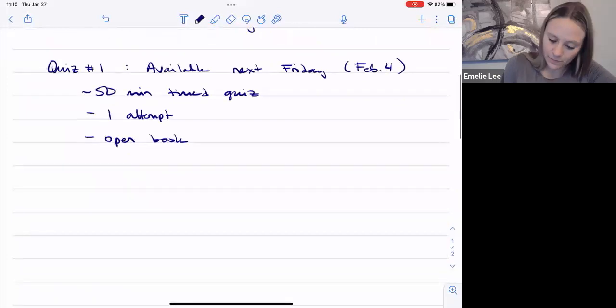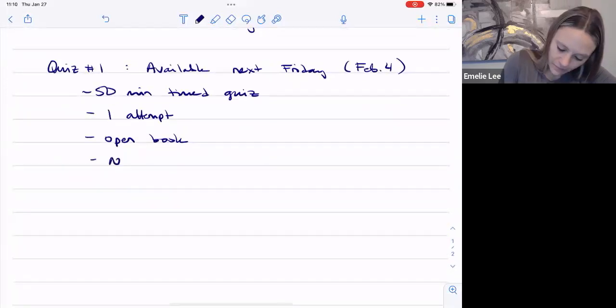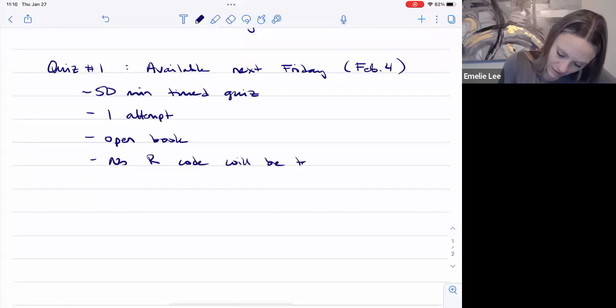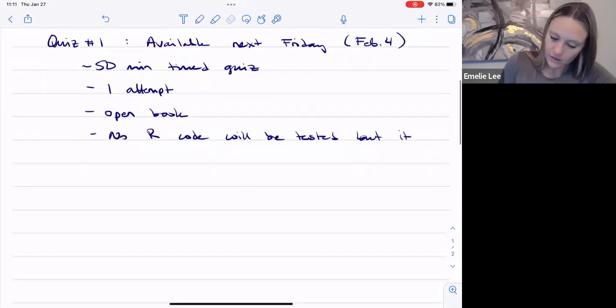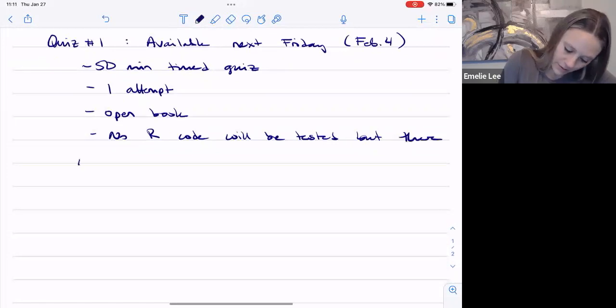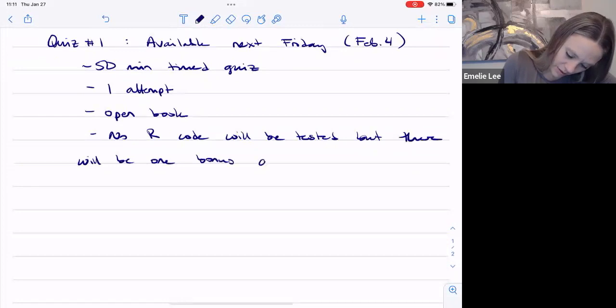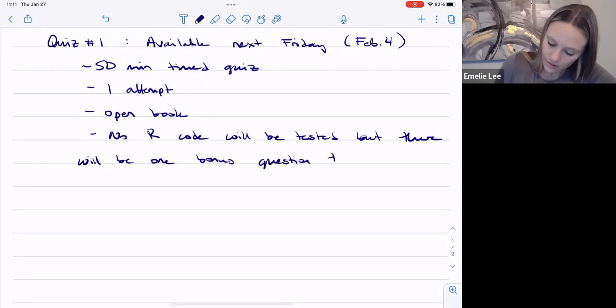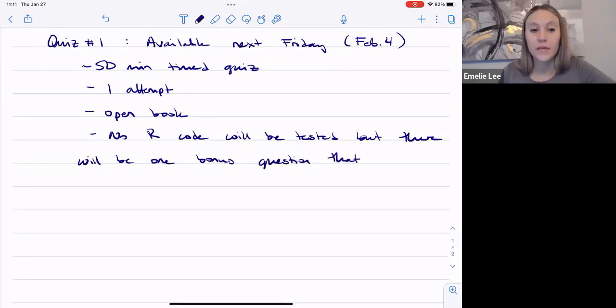So no R code will be tested, but there will be one question, one bonus question, that asks for the standard deviation, and I would encourage you to use software for that.